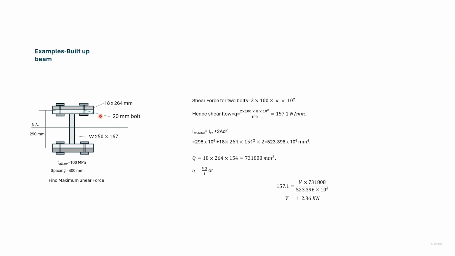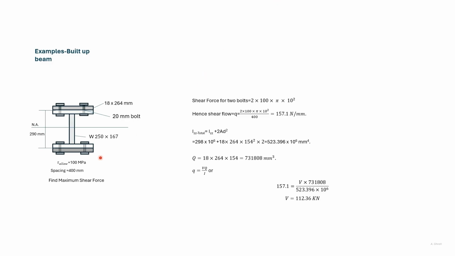We have an I section here with plates attached on the top and the bottom using bolts. We are given the moment of inertia and the area of the I section. Also, the dimension of the plates and the diameter of the bolts.